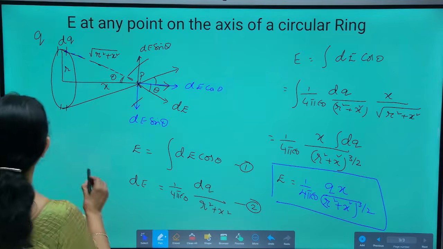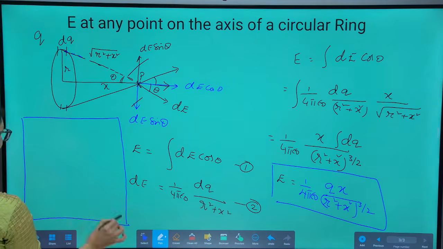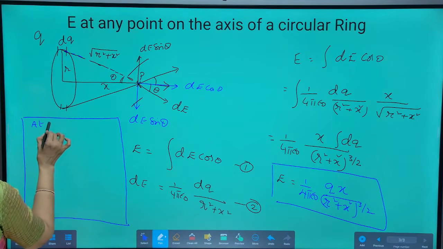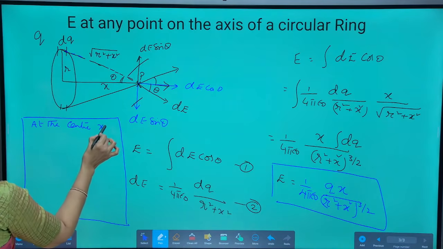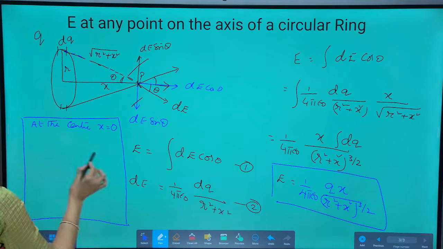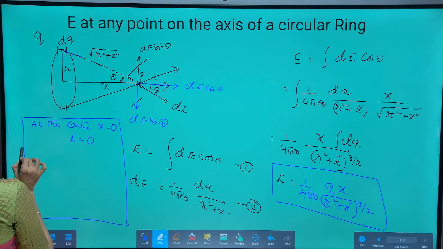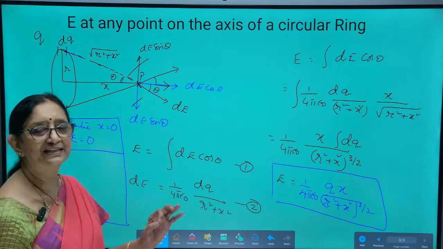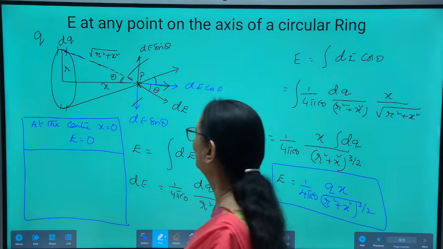Now, in this I am asking you two questions. At the center. At the center means x is equal to 0. If x is equal to 0, E is equal to 0. At the center of the charged ring, electric field intensity is equal to 0.